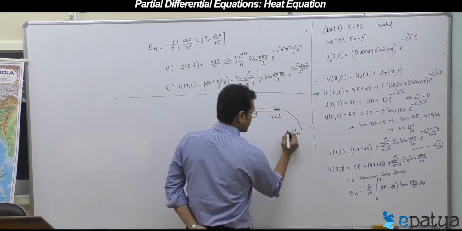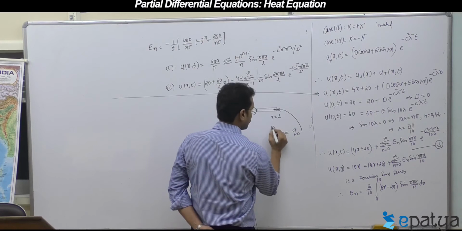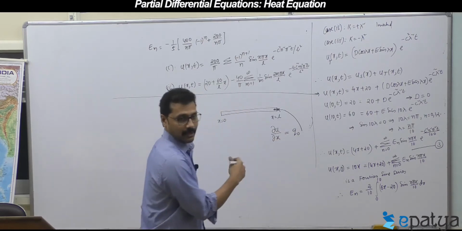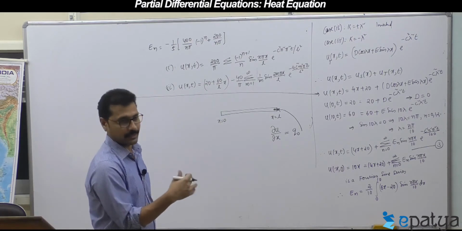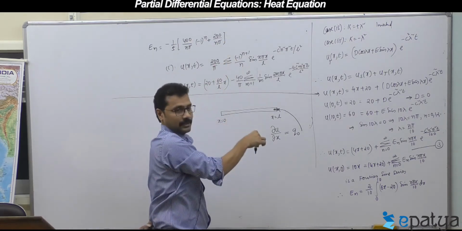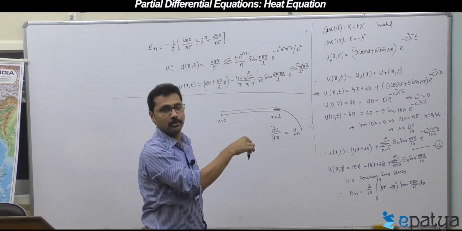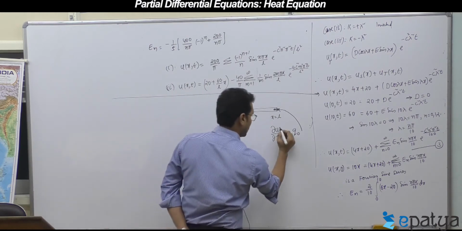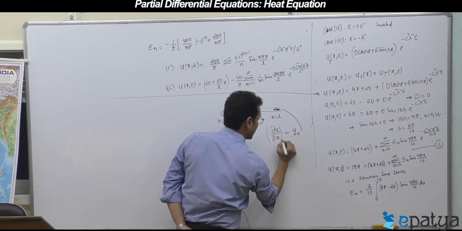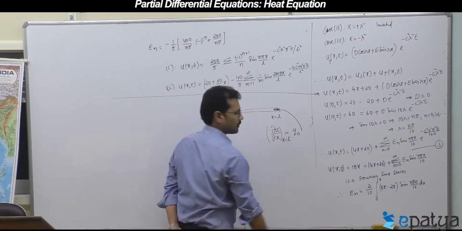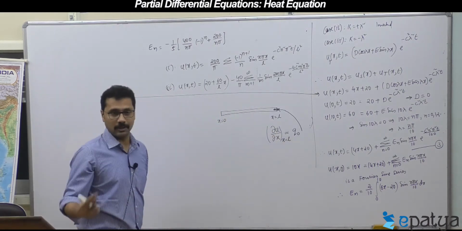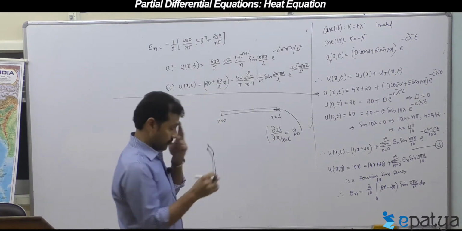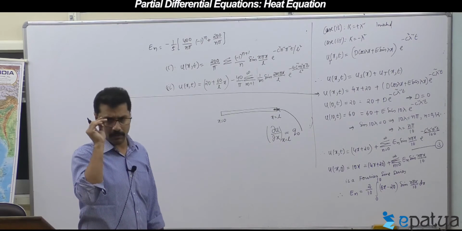That heat flux is always represented as dou u by dou x, because it is the gradient along x axis. If I were supplying heat flux along y, then it would have been dou u by dou y. And this is at what point? x equal to L. At x equal to L, dou u by dou x equal to Q naught.